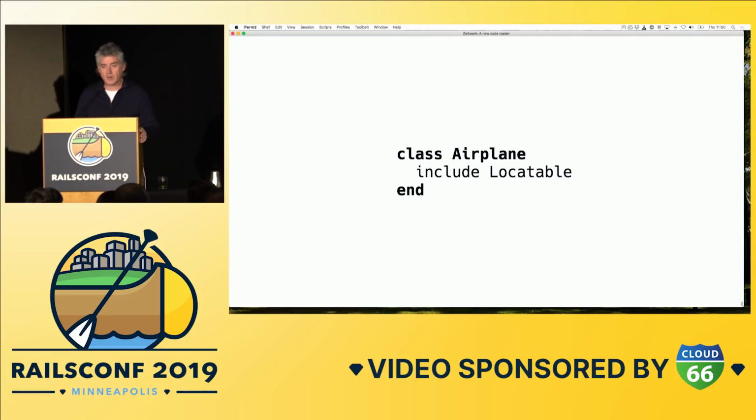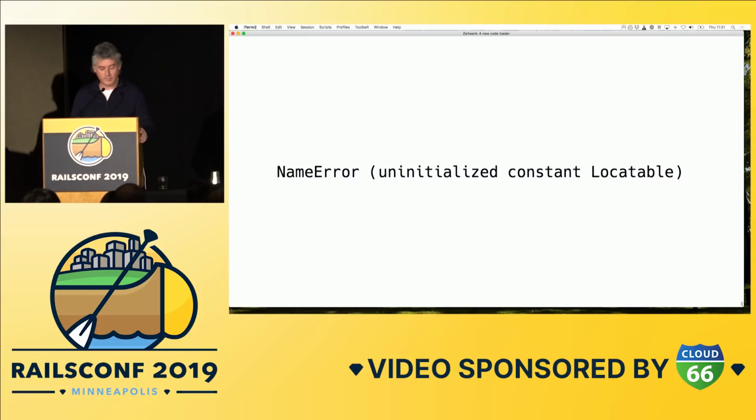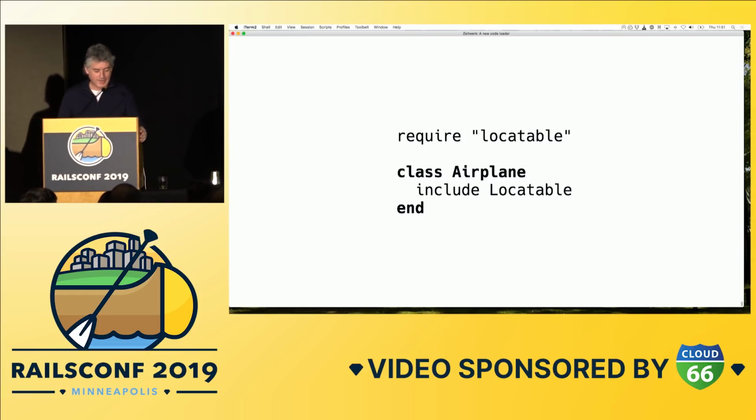So why are requires brittle? I am sure you have found this in any Ruby project, except maybe a trivial Ruby project, but in any Ruby project, it's very easy to forget requires. So for instance, we have here an example: class Airplane that includes Locatable. That is not going to fly because of a NameError, I don't know this constant, okay?